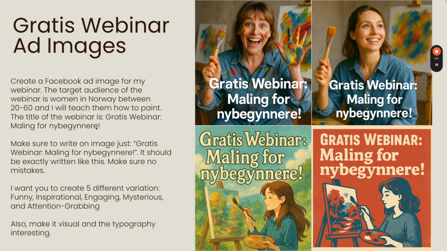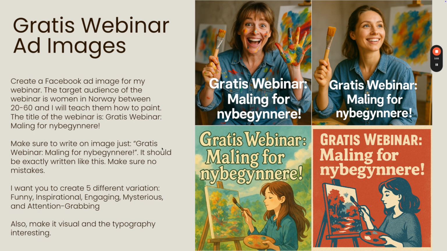Make sure that you write this multiple times, or you can just copy this and adjust it according to you. What is happening right now with the AI is that if we do not tell it specifically that the title is this, just write this on the page, no mistakes, write exactly like this, then, because it's Norwegian, not English, it makes some mistakes with the accents and everything in the text. So make sure that you write it multiple times to use exactly this text.